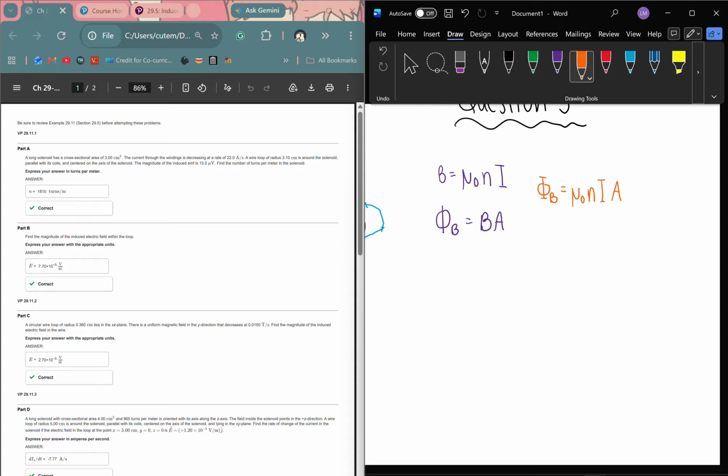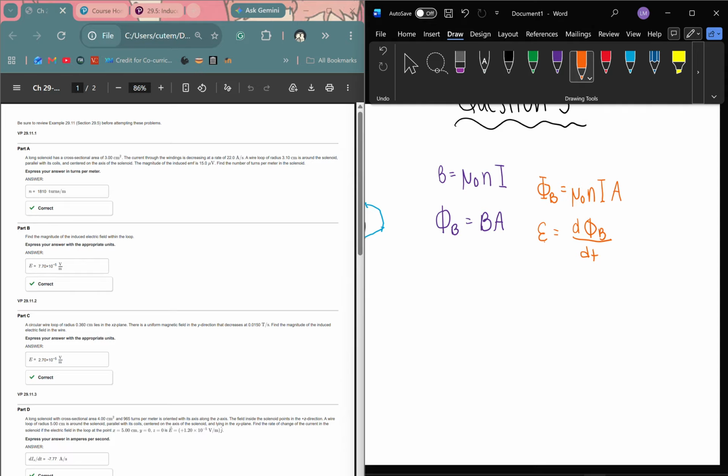Okay, now we're going to apply Faraday's law. Faraday's law states that the induced electromotive force is equal to the rate of change of the magnetic flux. Let me write that real quick. The induced electromotive force equals the rate of change of the magnetic flux.